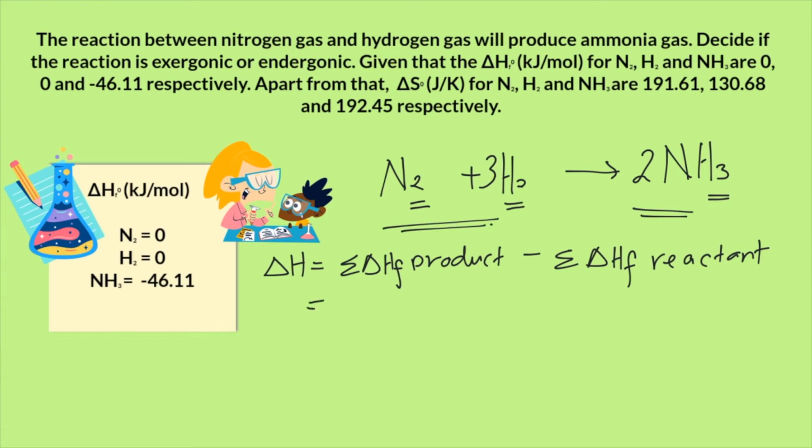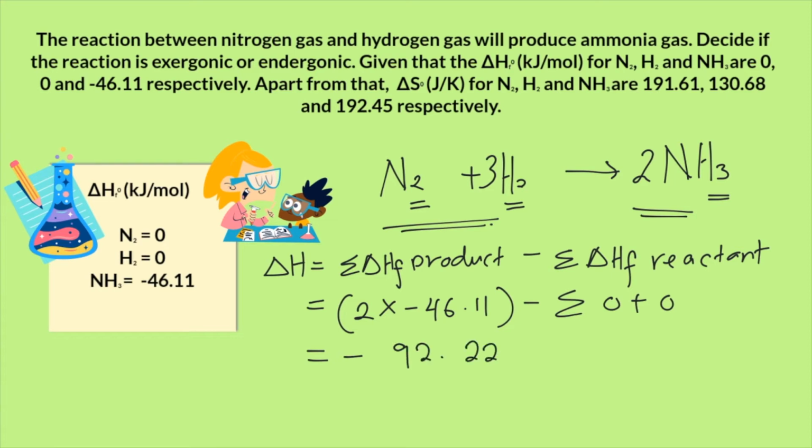So we look at the product. You have 2 NH3, so 2, and then you find the delta H for NH3, which is equivalent to negative 46.11, and then the summation of delta H of the reactant, both are 0, so 0 plus 0. So your answer will be negative 92.22 kilojoule per mole.